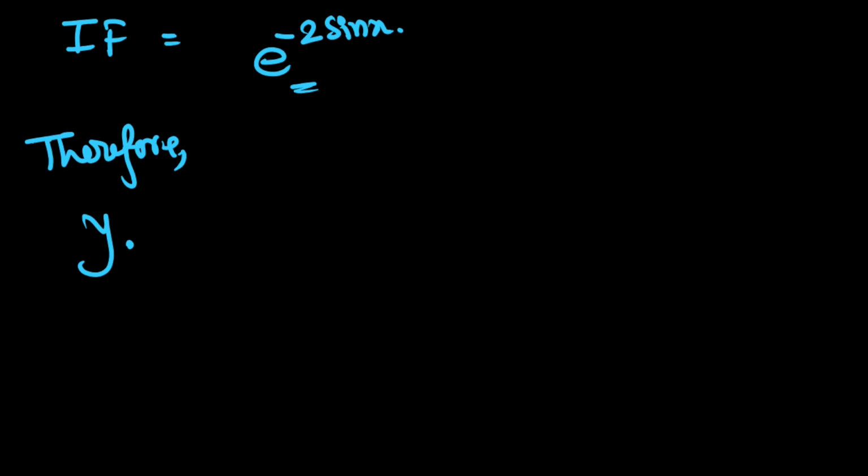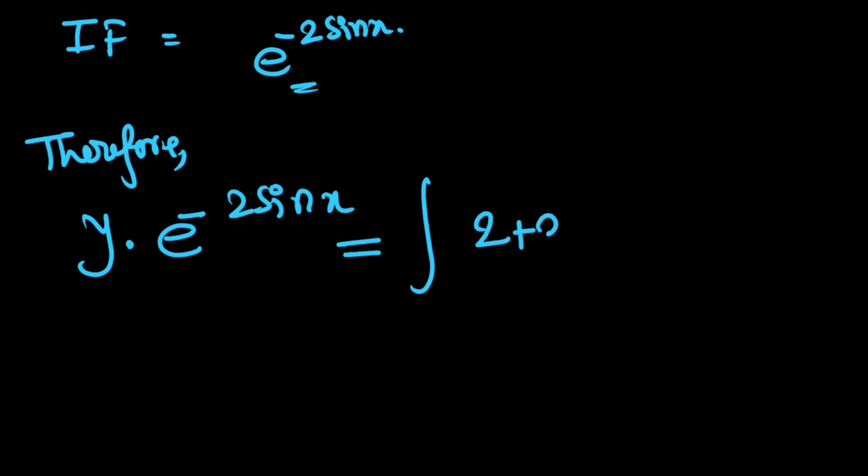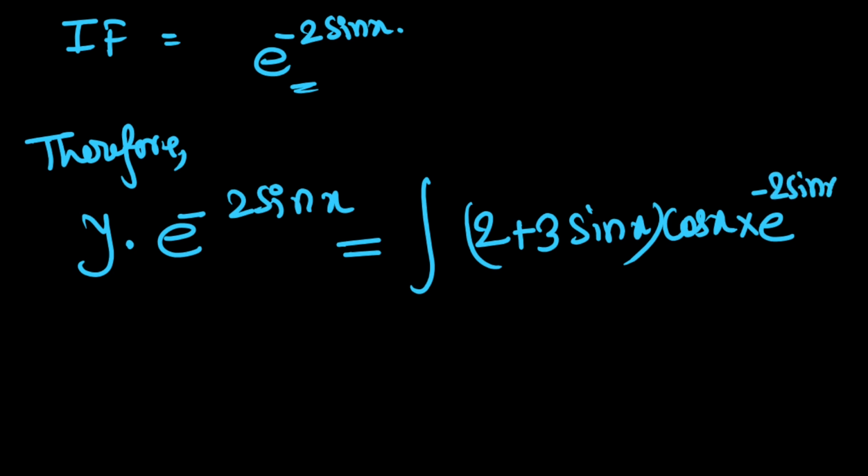Therefore the solution is y into integrating factor, e to the power minus 2 sin x, is equal to integration of q, which is 2 plus 3 sin x multiplied by cos x, into the integrating factor e to the power minus 2 sin x dx plus some integration constant.